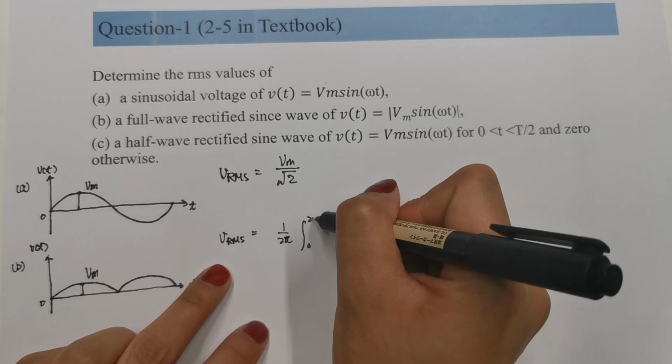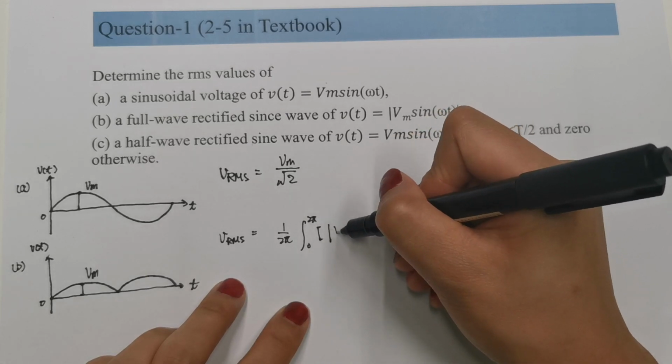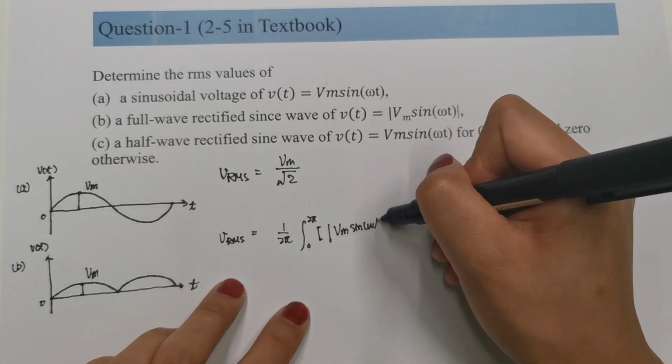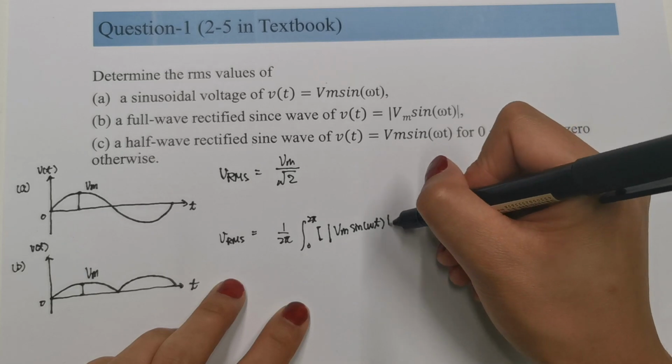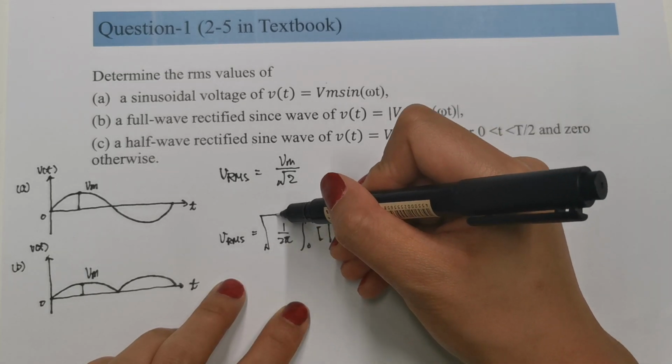the square root of 1 over 2 pi, integral from 0 to 2 pi, of the absolute value of Vm sine omega t, squared, dt.